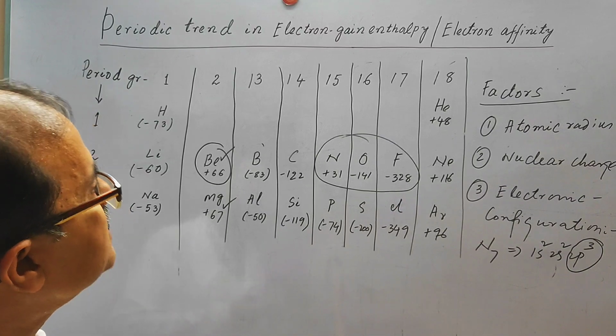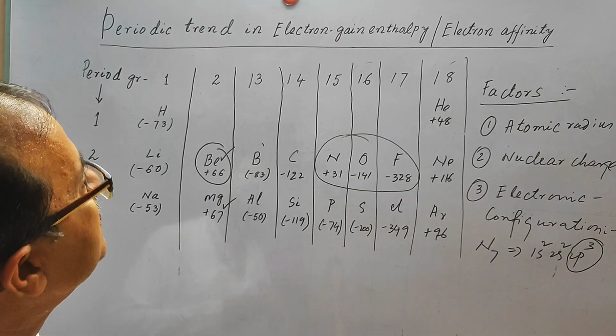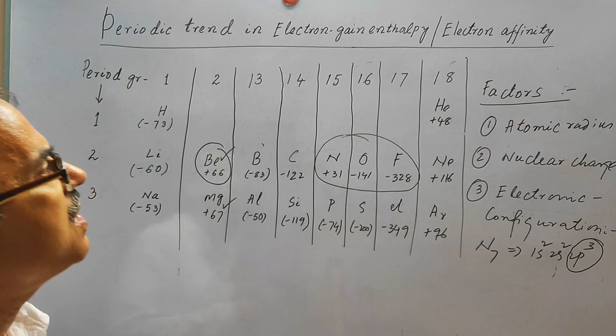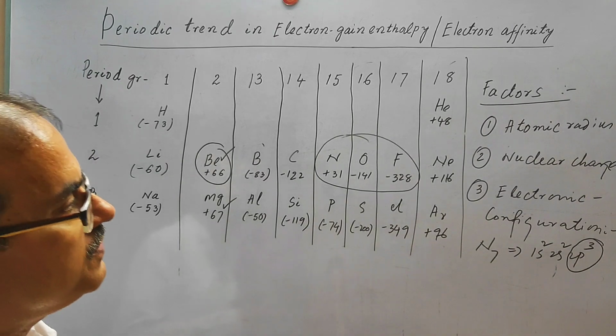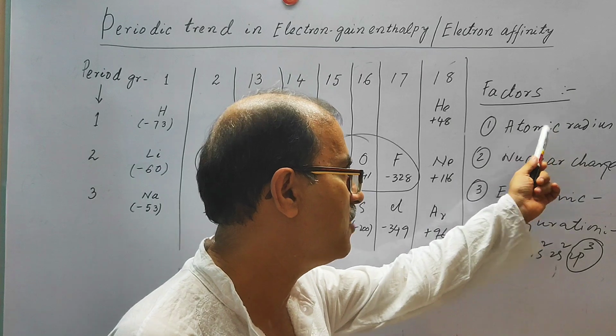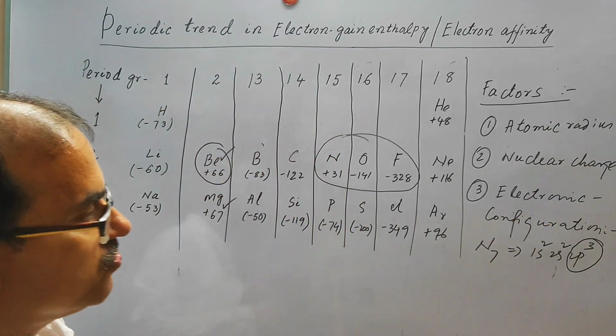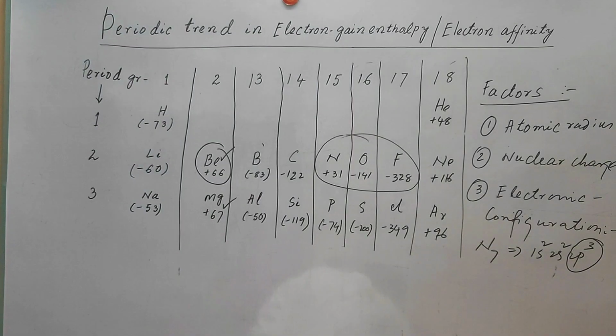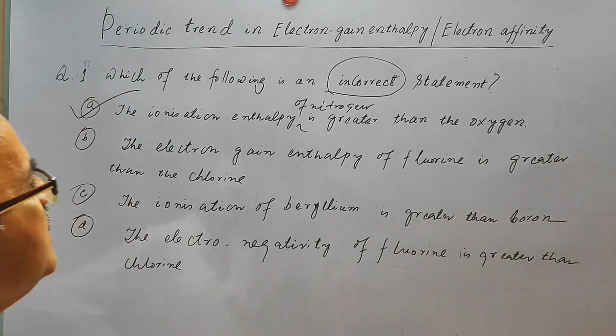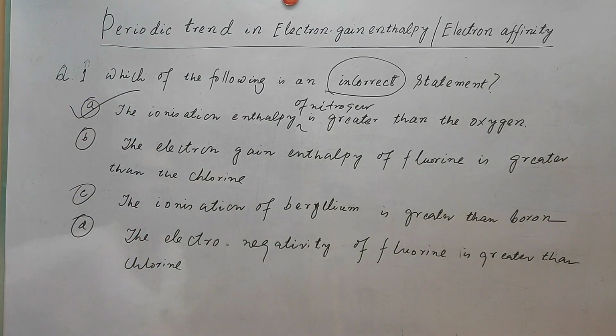You have understood what the trend in the electron gain enthalpy in the periodic table is, and how the electron gain enthalpy is influenced by all these factors: atomic radius, nuclear charge, and the electronic configurations. Now, which is an incorrect statement that we have to understand.